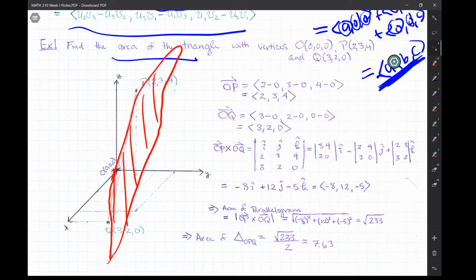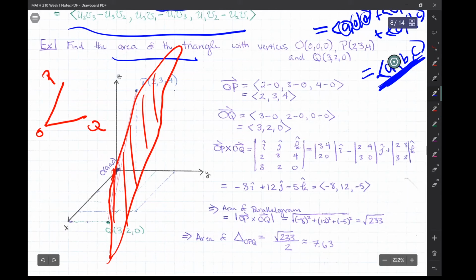But we could do so by taking advantage of the fact that the cross product, its magnitude, is the area of a parallelogram. So if I'm going to look at this triangle this way, I'm going to now draw O, Q, and P. Okay, those are the points.